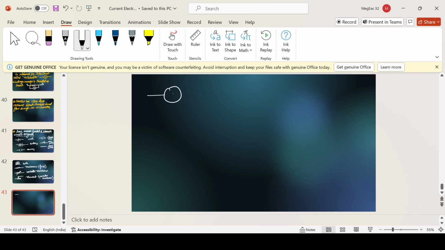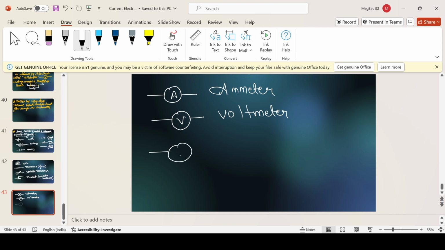We have this as an ammeter, this as a voltmeter, and this as a galvanometer.